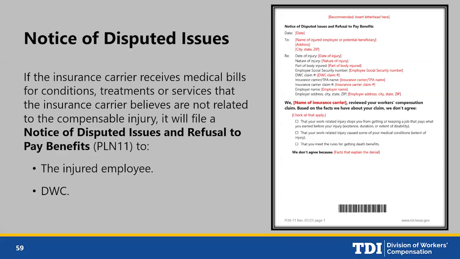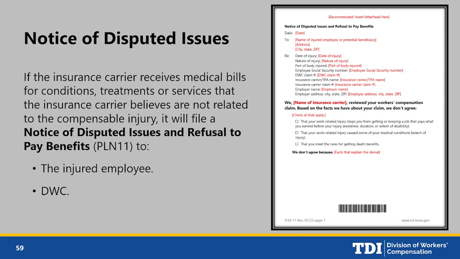And if the carrier sees that there are diagnoses or conditions, or maybe treatments or services, that the insurance carrier believes are not related to the original compensable injury, the carrier can file a notice of disputed issues and refusal to pay benefits. That's called a PLN 11, plain language notice number 11.